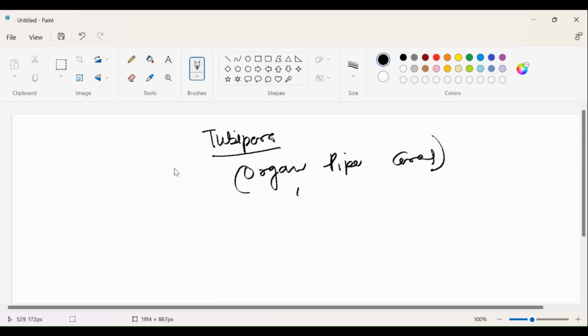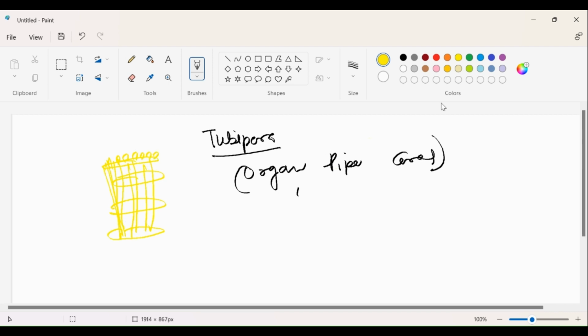Tubipora has a base plate, and then here are the pipe-like structures, which is why it's called organ pipe. The base plate, and here are the polyps. So this is your organ pipe.